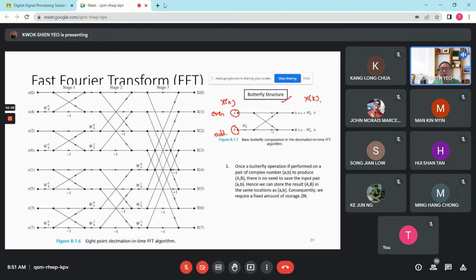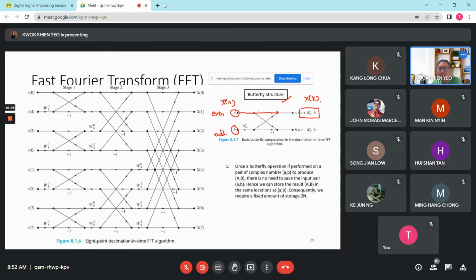So let's say you only have two entries. You want to use the FFT decimation in time algorithm. The even number will become a plus wn. Let me see. So you have a line here coming to this dot.